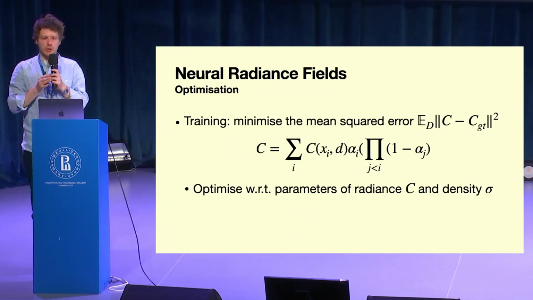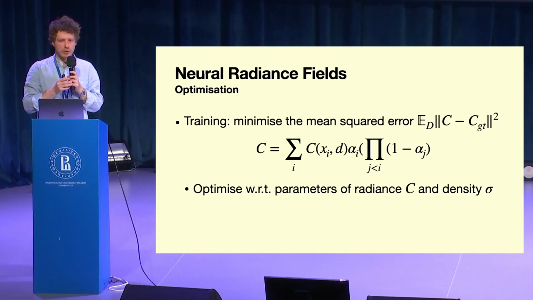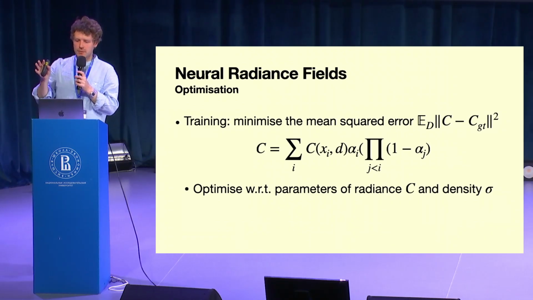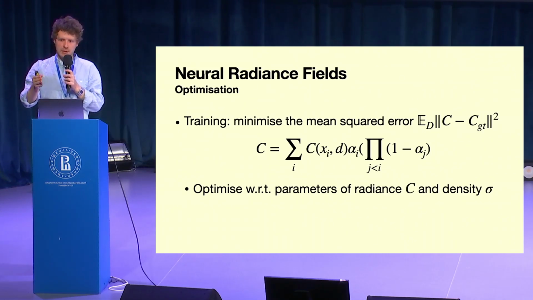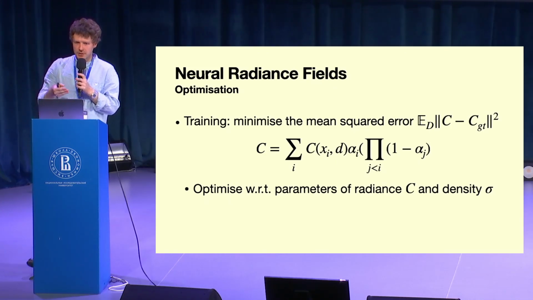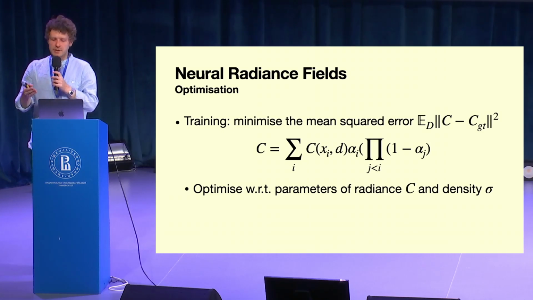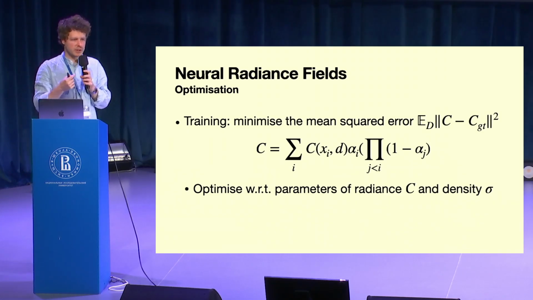So recall that in our task we're provided with camera positions and pictures taken from these camera positions. We know the parameters of the camera, the position of the camera, and we can render an image of a scene according to our density field and our radiance field from the exact position we're provided in the training set.